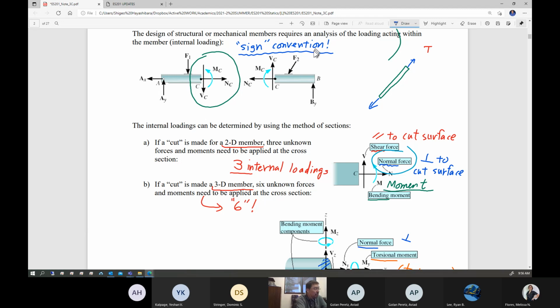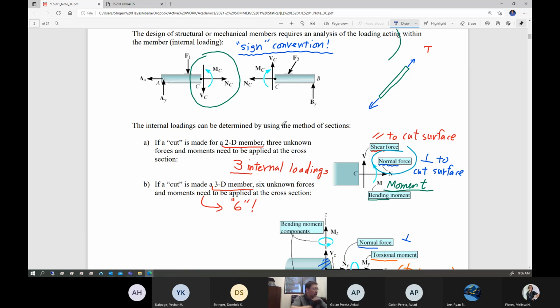Everybody needs to follow sign convention if you want to draw a diagram. As you try to construct the diagram, you have to follow the sign convention. I appreciate your question. This is a very important subject.